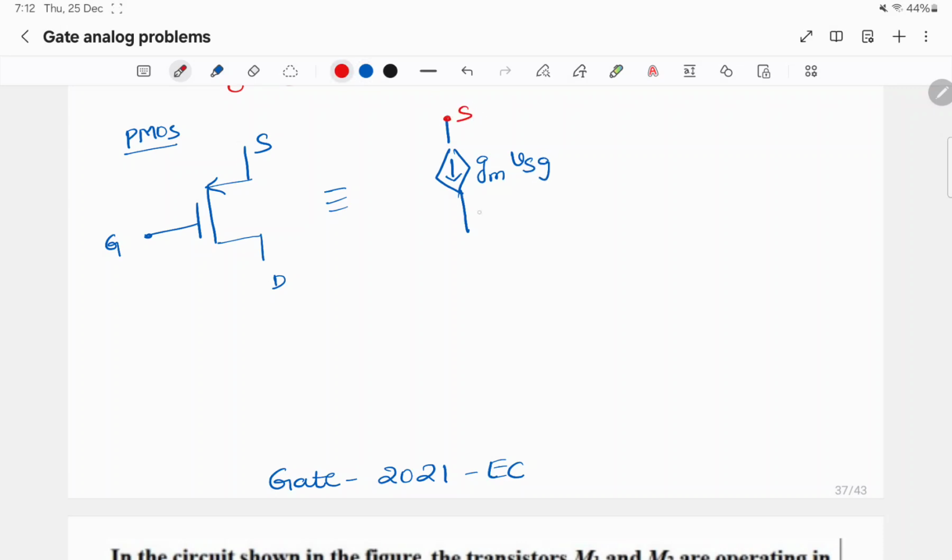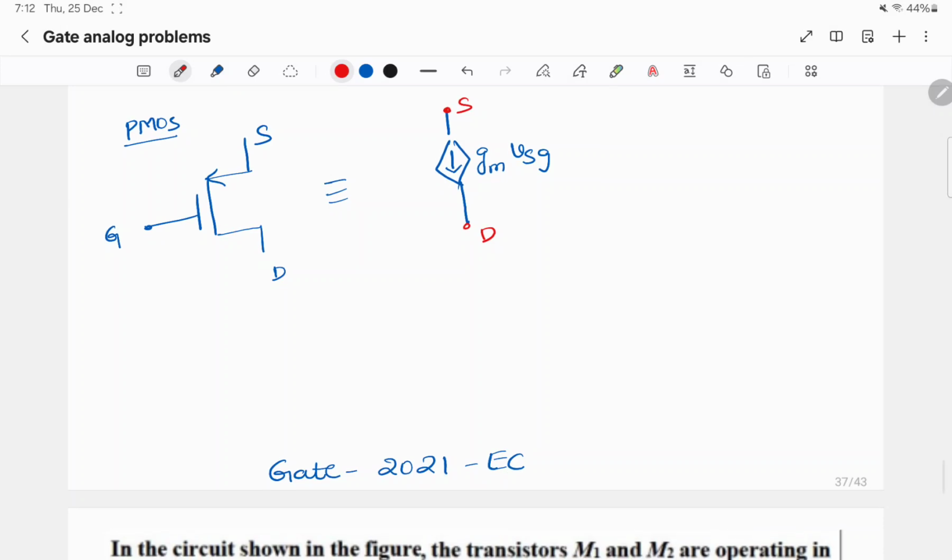This is the source terminal, this is the drain terminal, this is the gate terminal, this is VSG. If channel length modulation exists, there will be an output resistance of R0 or RDS. The output resistance will be from source to drain. It will be connected between source and drain.